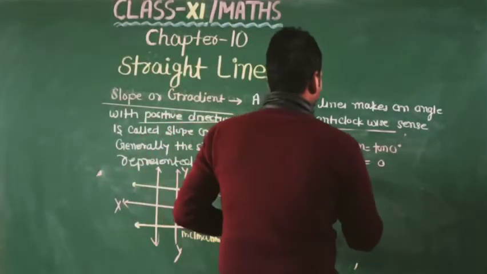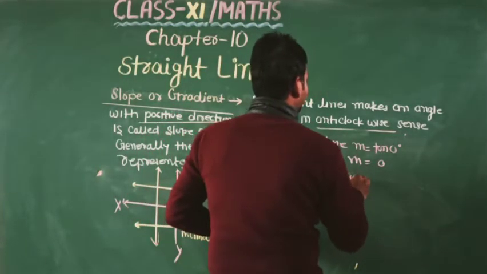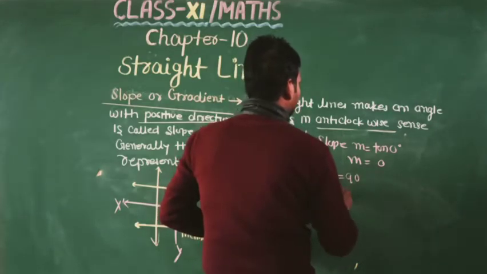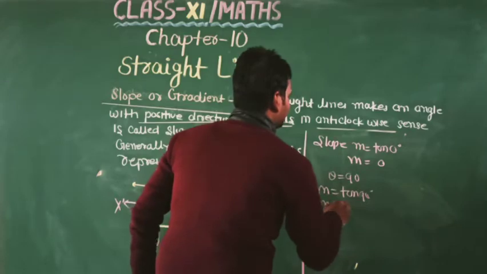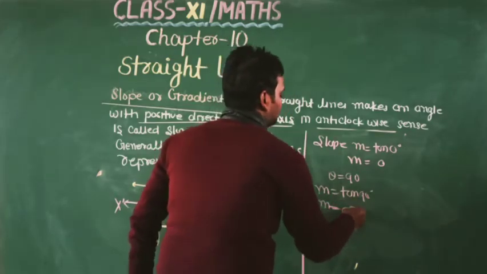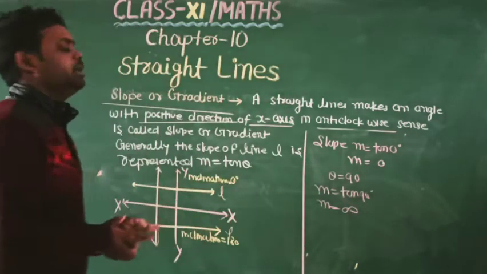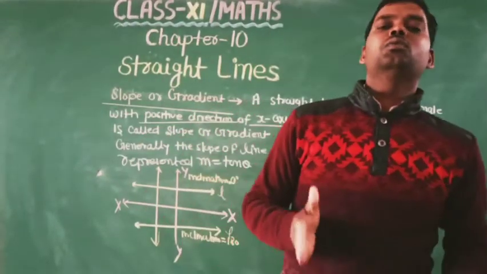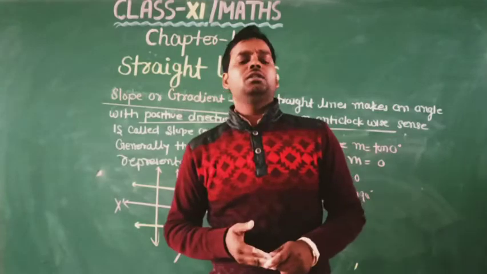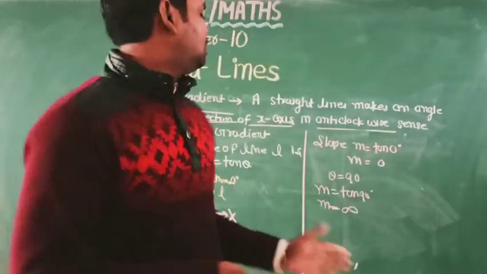Theta equal to 90 degree and m equal to tan 90 degree, which is undefined. So we can say when the line is parallel to y-axis or lies on y-axis, the slope of the line is not defined.